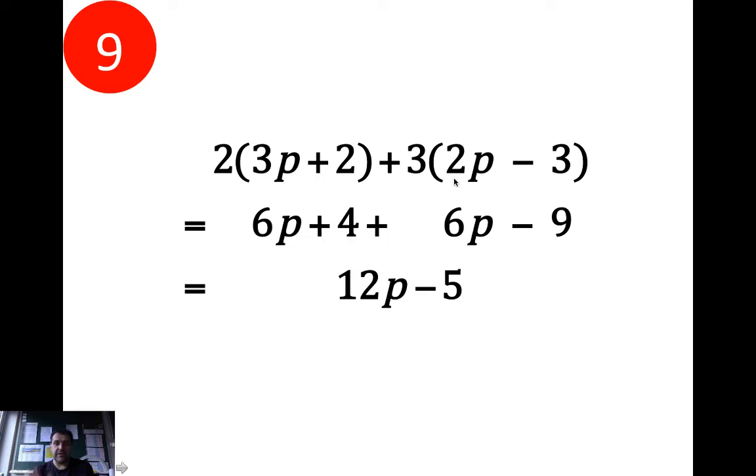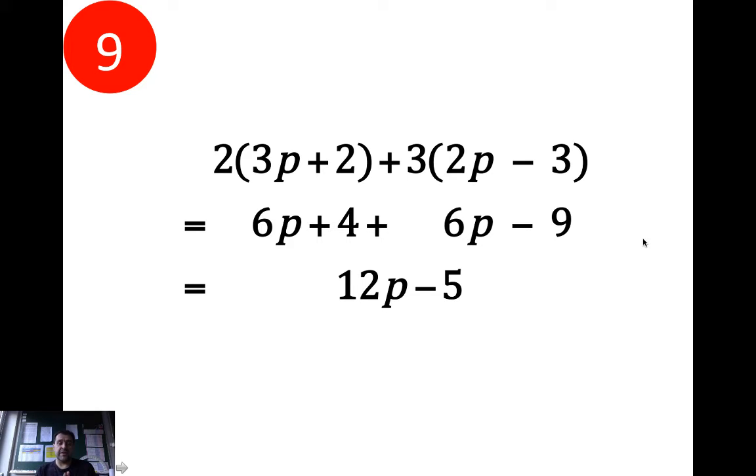Now the second one, we've got 3 times 2p minus 3, so that's going to be 3 times everything in the bracket. 3 times 2p gives you 6p, and 3 times minus 3 gives you minus 9. So that comes to 6p plus 4 plus 6p minus 9.